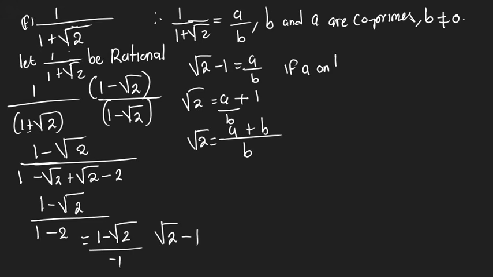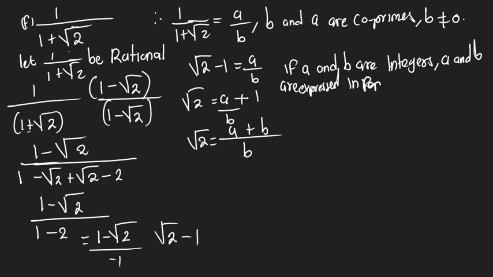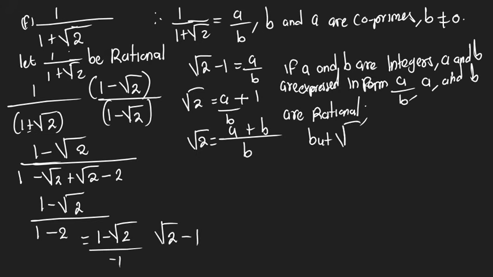If A and B are integers, and A and B are expressed in the form A over B, then A and B are rational. But root of 2 is irrational.